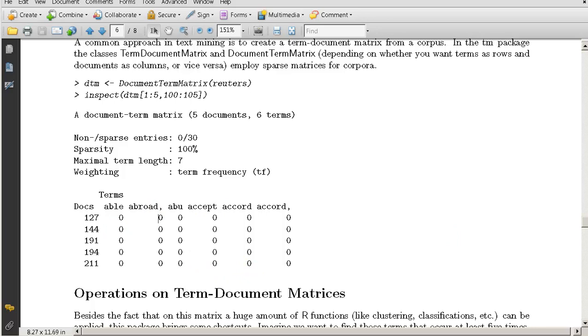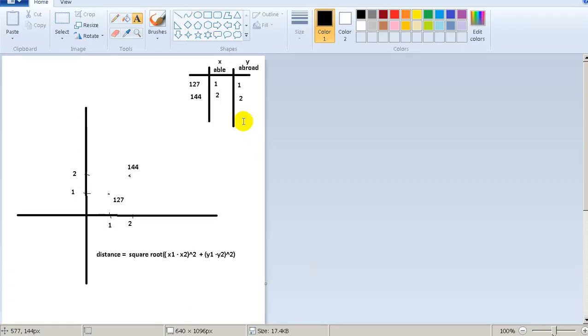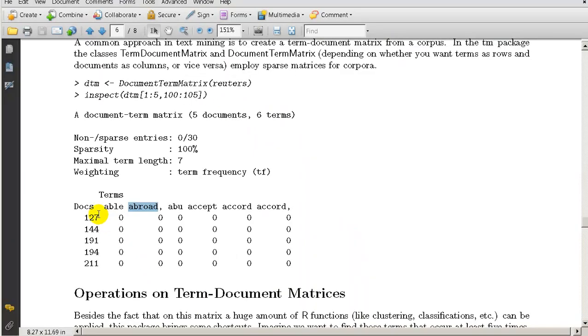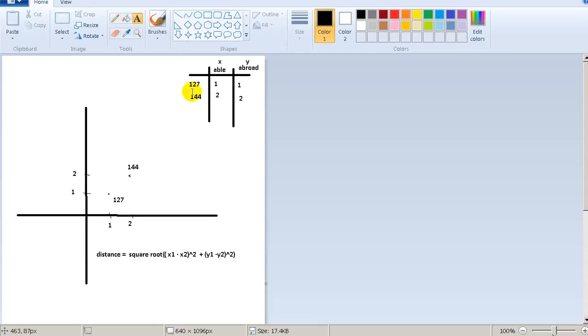We have this matrix like this. Now, to make it simpler, let's suppose we only had two columns, just the first two columns, so we can make this look simpler than having 1,300 columns. Here's a picture of that. We have two documents here, just the first two documents, 127 and 144.